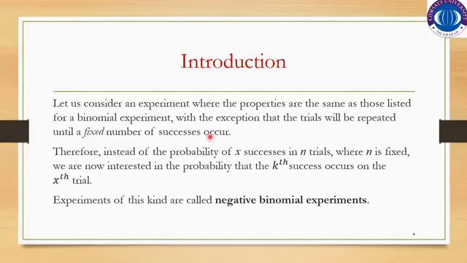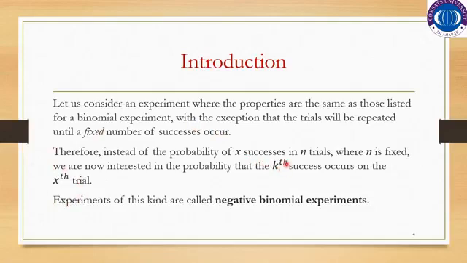So this statement gives us the indication that the number of trials will not be fixed. Therefore, instead of probability of x successes in n trials, where n is fixed, in the case of the binomial distribution, we are now interested in the probability that the kth success occurs on the x trial.